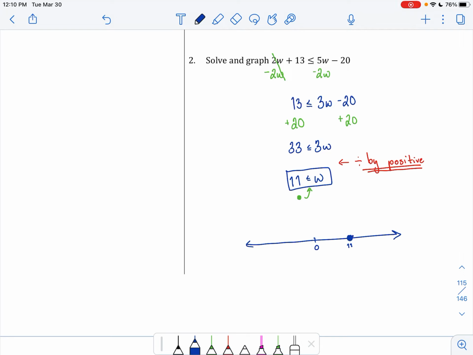So we're going to then color in all the parts of the line that w could be, which is all the numbers that are greater than 11. So that's to the right. So remember, our goal for graphing is shade in every part of the number line that could be a solution. So everything here could be an answer to this inequality.